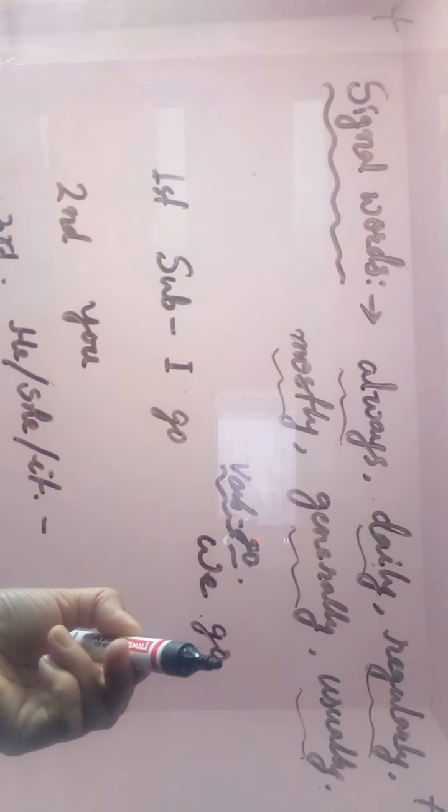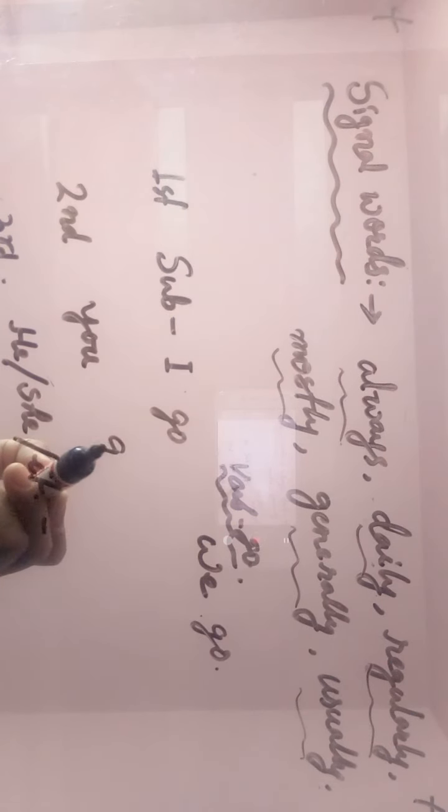We go. Second person, you go. Plural is also you go. But third person singular number, he, she, it: the verb will become goes according to our formula.